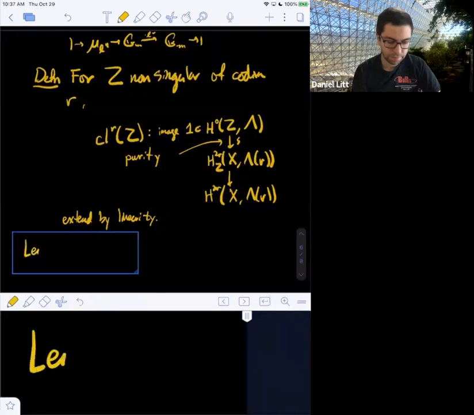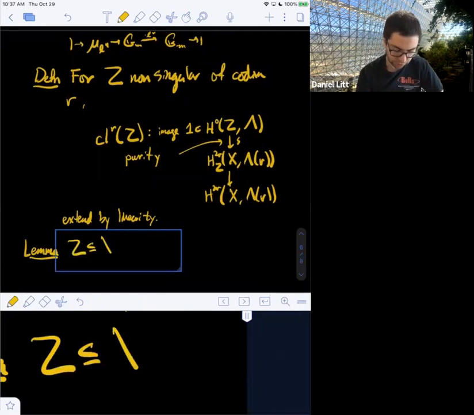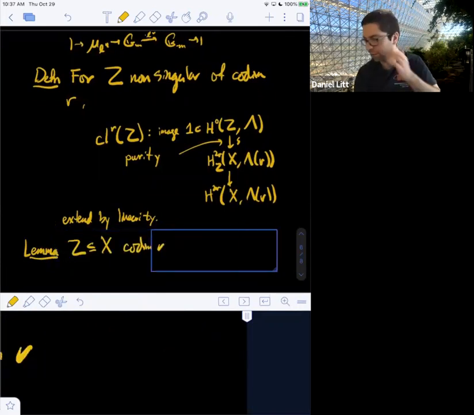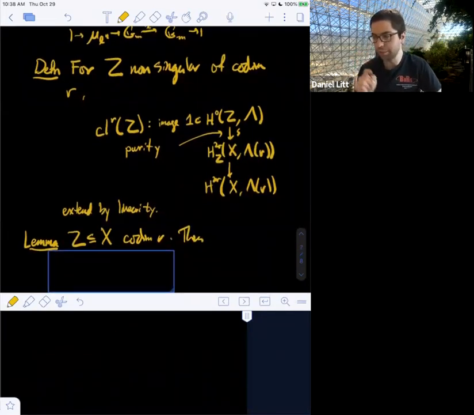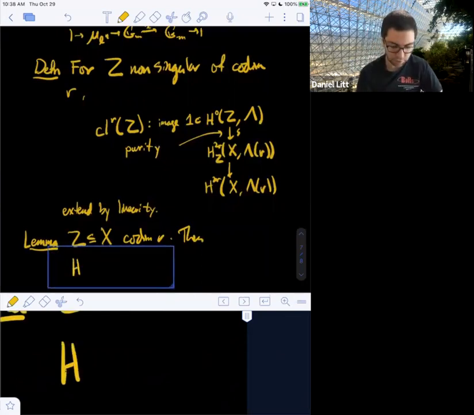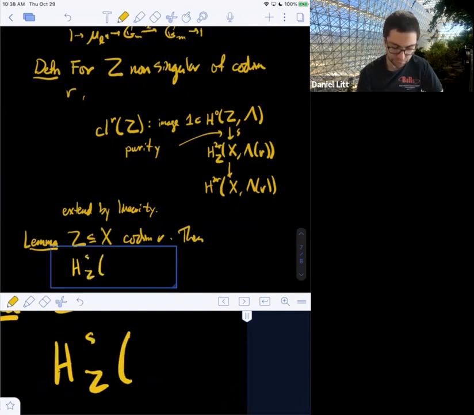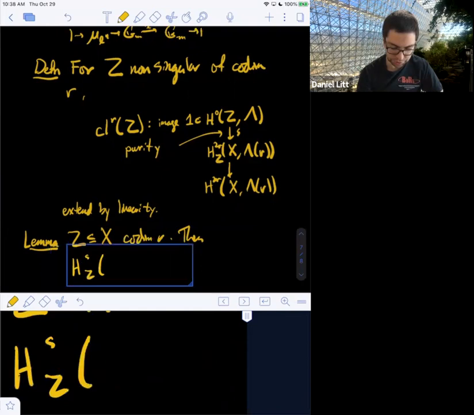So the lemma, which maybe I'll say a word about the proof of, is that let's suppose Z inside of X has codimension R. Now with no non-singularity assumption, the cohomology with supports on Z still looks very, very close to what it does for non-singular Z. So first of all, H^S with supports on Z, X with coefficients in lambda is 0 for S less than 2R.